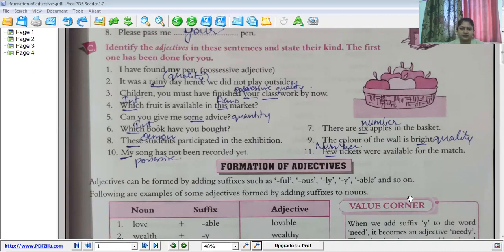Proceeding after it. Now next, the fourth sentence. Which fruit is available in this market? Children, which serves as an interrogative adjective because just besides it, it is describing fruit. So I'm talking about which fruit. So which is interrogative adjective.